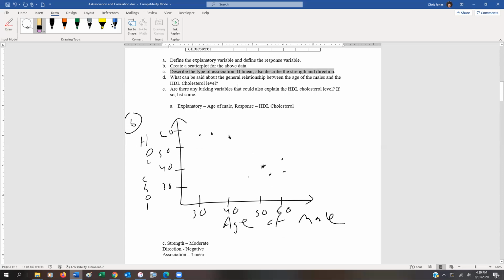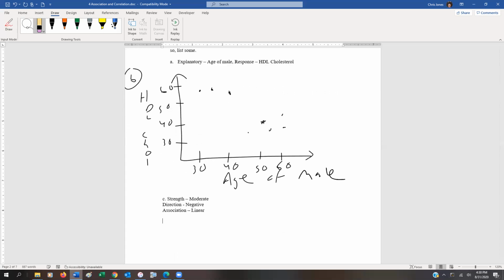All right, what can we say in general? Well, I think it's pretty obvious that from our data, it seems that there is an association between age and HDL cholesterol in the males.